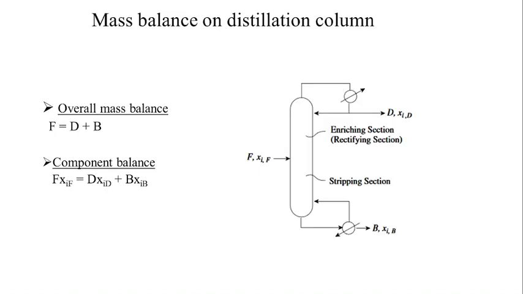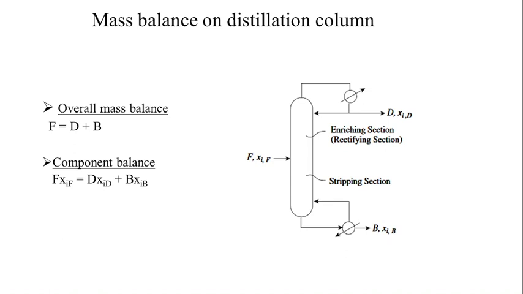Now see the mass balance on a distillation column. Here we can see the figure of a distillation column where feed is entering, represented by F, and the mole fraction of the feed is represented by xiF. D represents the distillate flow rate, and xiD represents the mole fraction of the more volatile component in the distillate.